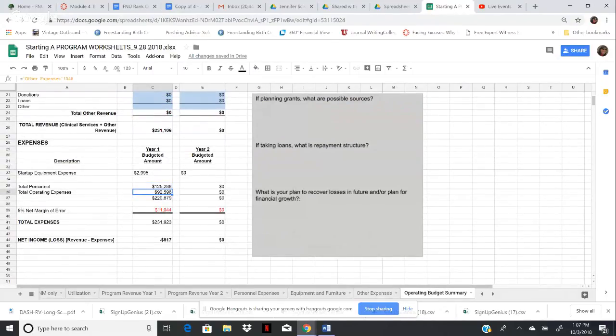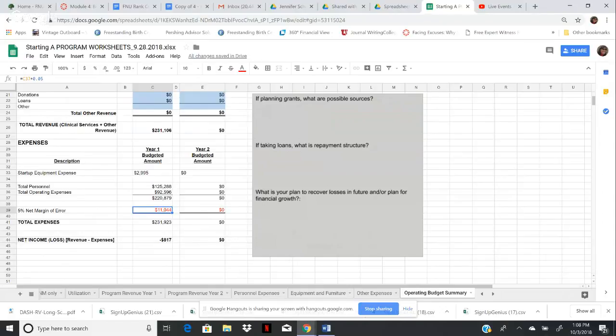And there we have total operating and total personnel. We have built in a 5% net margin of error. That's just kind of a safety practice, because as good as you think your accounting is, it's never going to be exactly as it is here on paper.